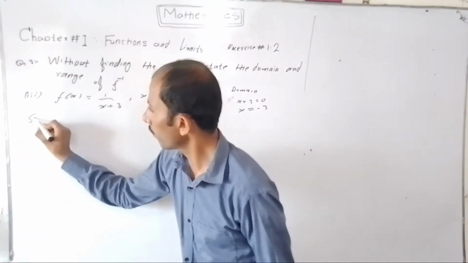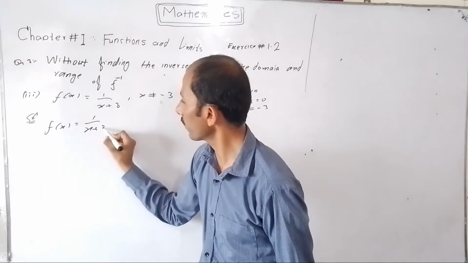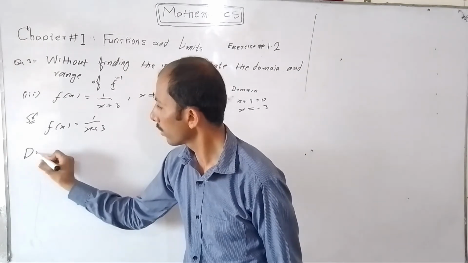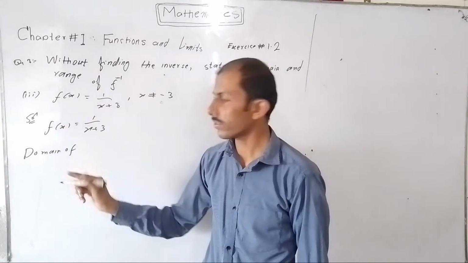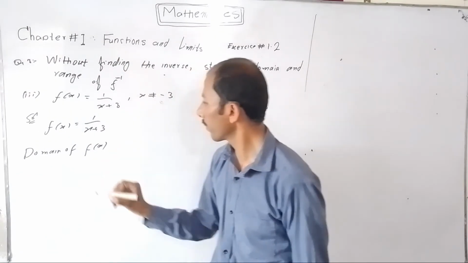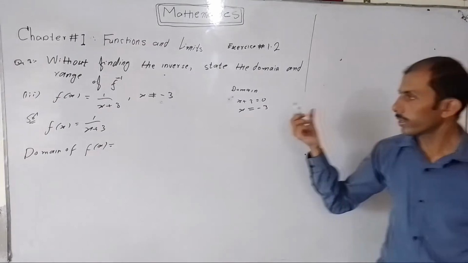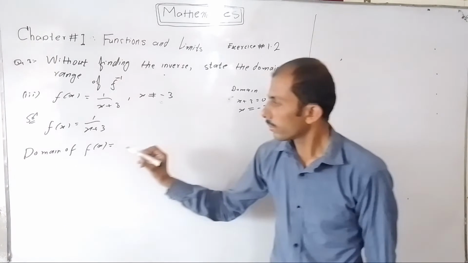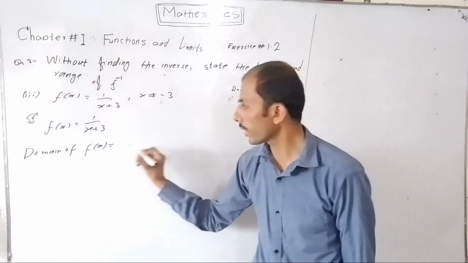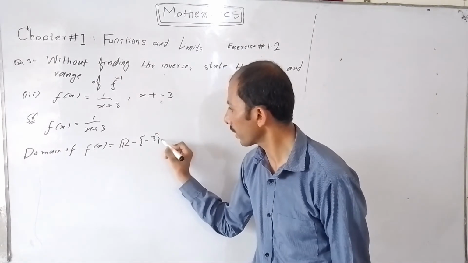First of all, f of x is equal to 1 divided by x plus 3. Domain of f of x is x is equal to minus 3. So function f of x is undefined at x is equal to minus 3. Domain of f of x is equal to all real numbers other than minus 3.